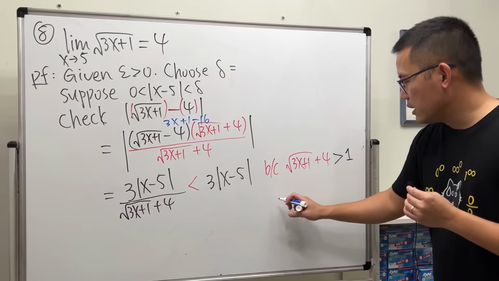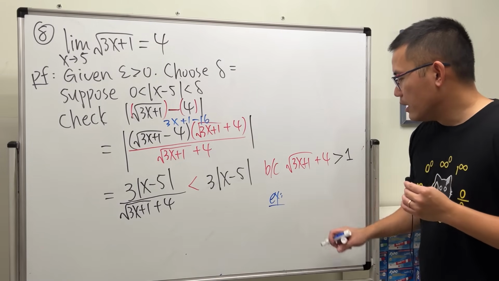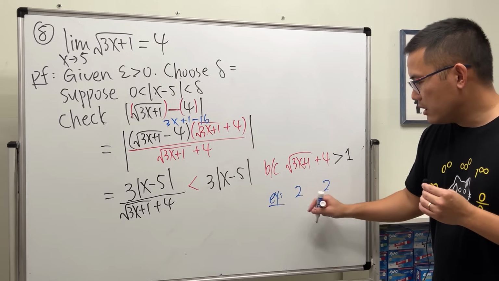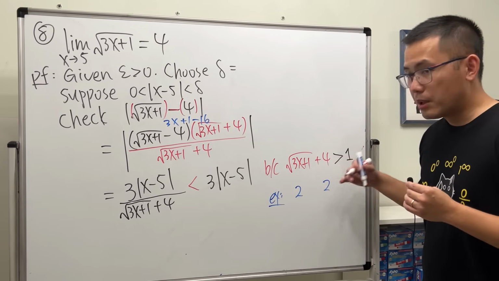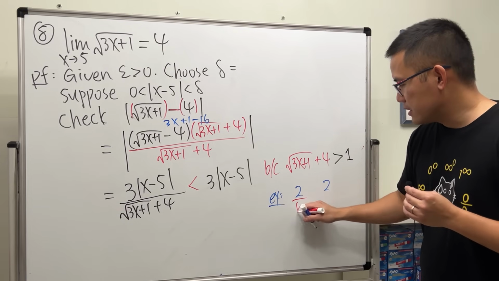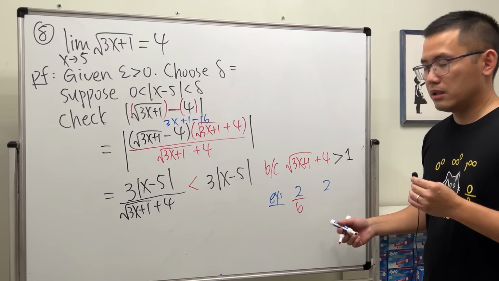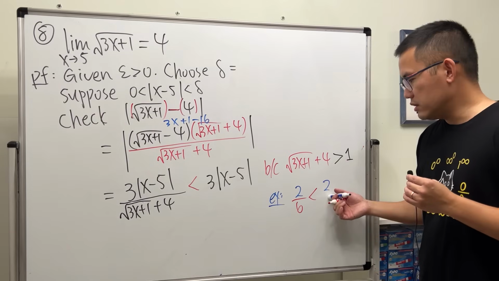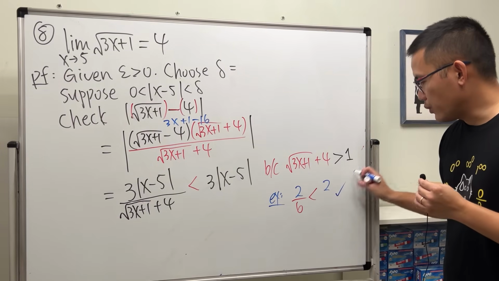Here is the example. So suppose we have two numbers, let's say 2 and 2. But right here, if I divide by a number bigger than 1, let's say divided by 6, compare them. Which one's bigger? This one's bigger, so I can still maintain that kind of inequality. This is bigger, yeah? So that's what we want.